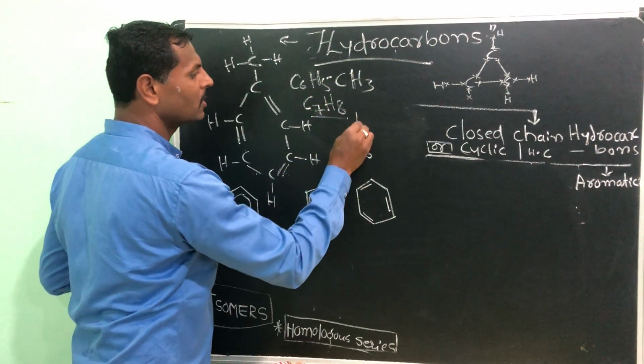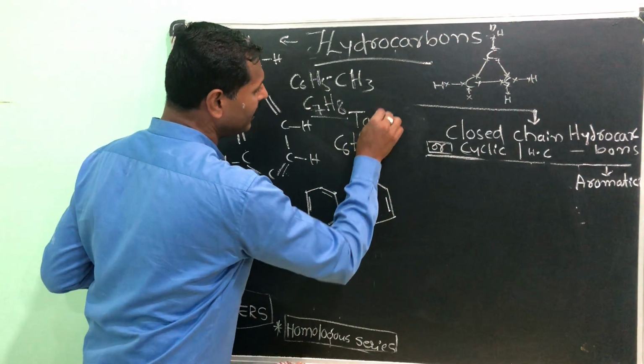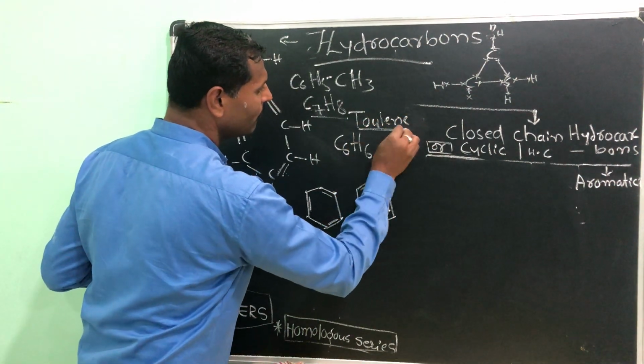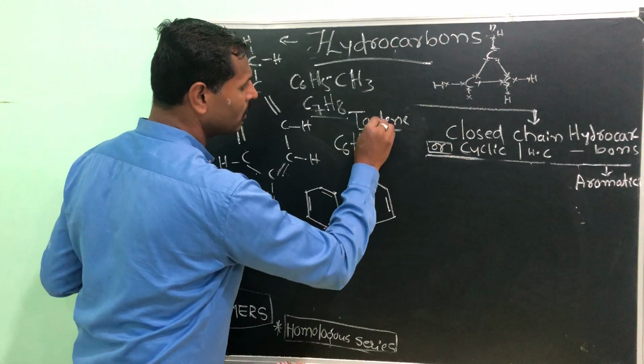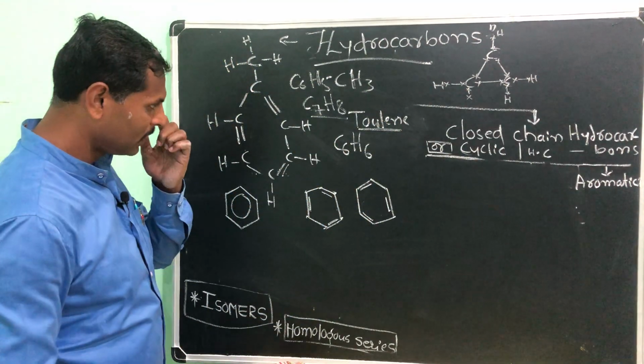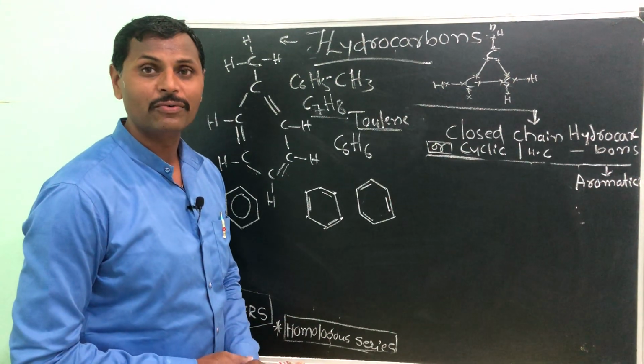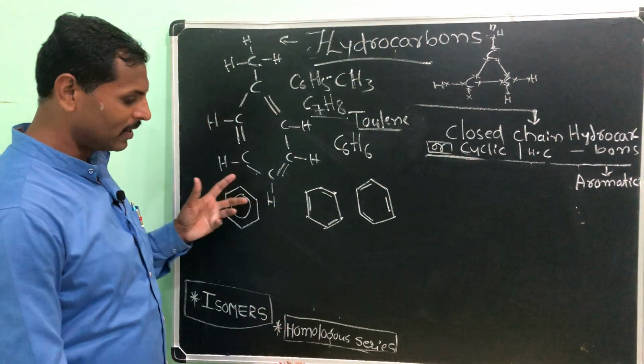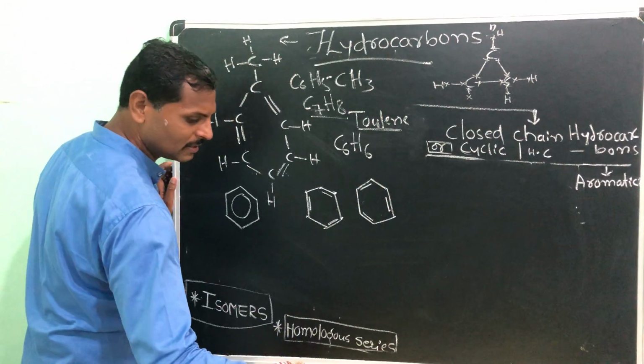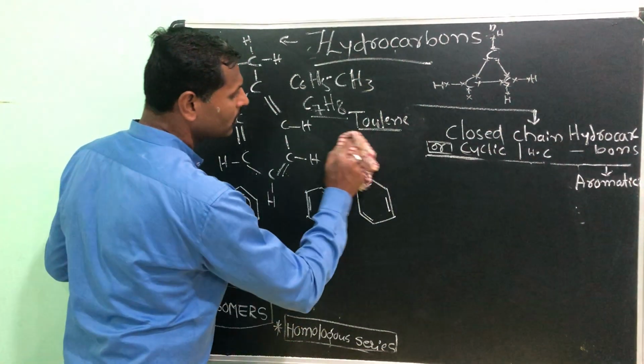So this is our toluene, T-O-U-L-E-N-E. If my spelling is wrong, then please go through the book and check it. I am not so perfect in spelling. This is the toluene. And then you can make the toluene's structural formula like this.